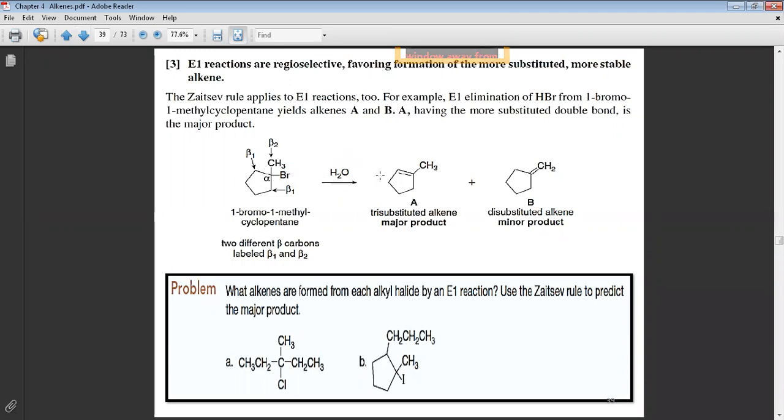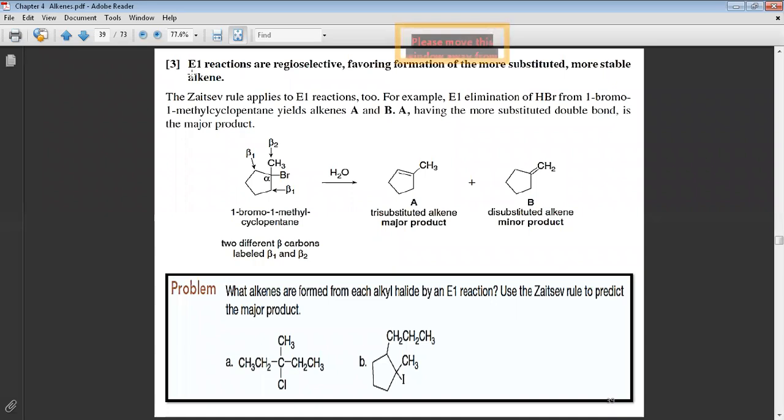Okay, which one is the major one, this or this? Of course this. Why? Because this is tri-substituted and this is di-substituted. And finish, there is nothing else. The E1 reaction is regioselective, like the E2 reaction. That means the major product will always be the more substituted alkene, following Zaitsev's rule, depending on the stability of the carbocation.